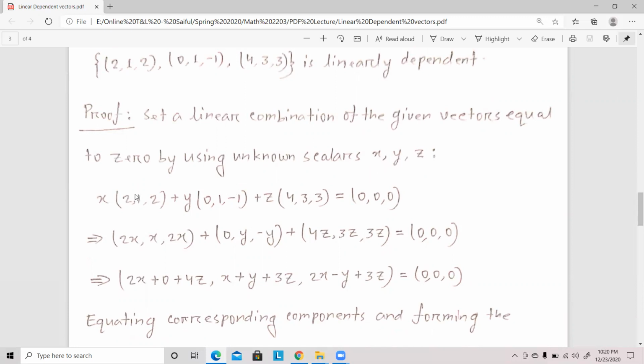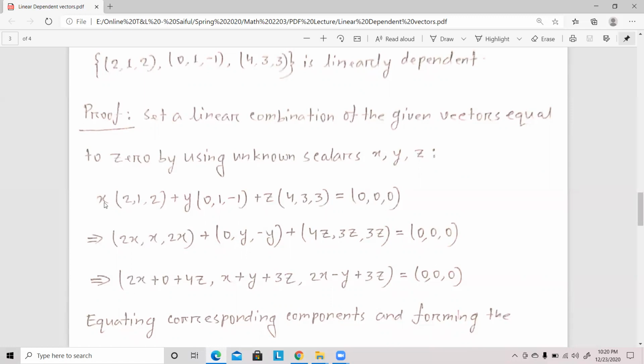Anyway, we have to generate the linear combination: x times the first vector (2, 1, 2) plus y times (0, 1, -1) plus z times (4, 3, 3) equals (0, 0, 0), because every vector contains three components. So on the right side is the zero vector, and here also there are three components.